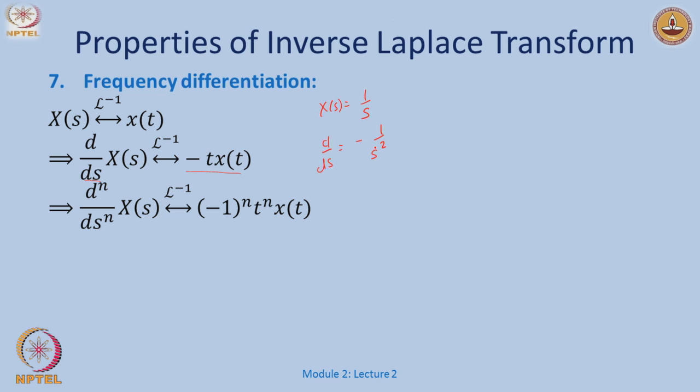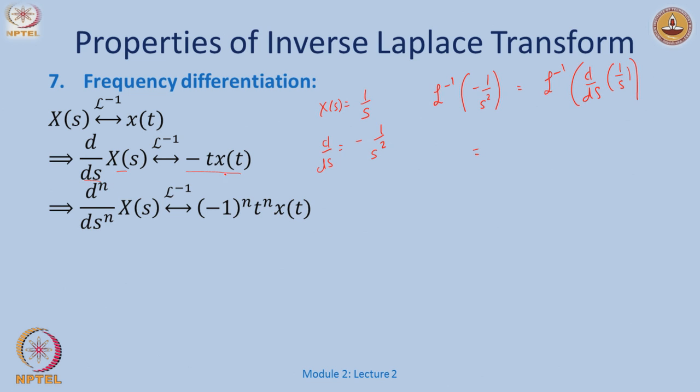Okay. Now, the inverse of minus 1 over s square is the inverse of d over ds of 1 over s. Now, what is the original signal?